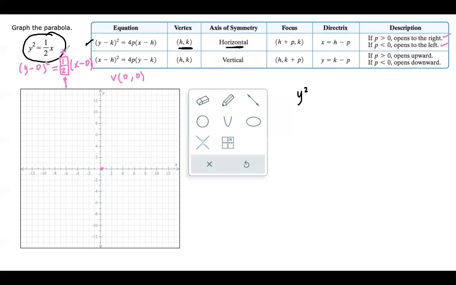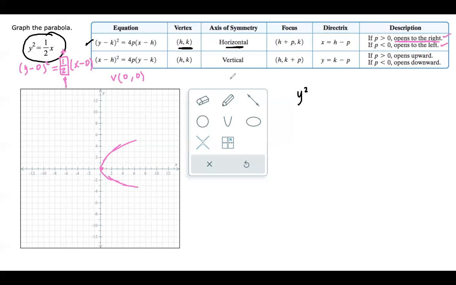Because we have a positive value, or p is greater than 0, it opens to the right. So without going into too much detail, we're going to expect the parabola to open this way. But we cannot just open it in any way that we want. We need to find a particular value for our parabola, at least one value.